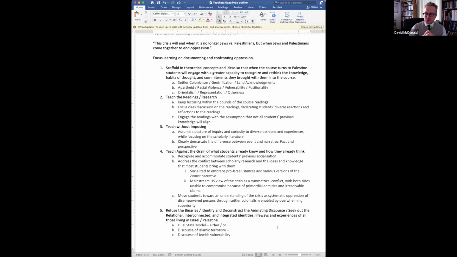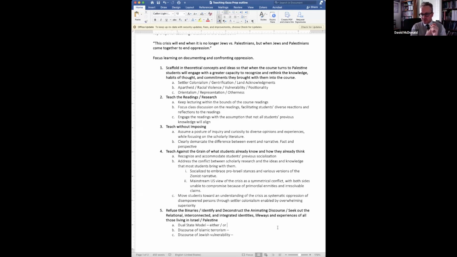The way in which Israel-Palestine has been typically presented is through three prominent discourses. The first discourse is one I've already alluded to, the dual state model that sees two nation states warring against each other, the either-or mentality, Israel, Palestine.